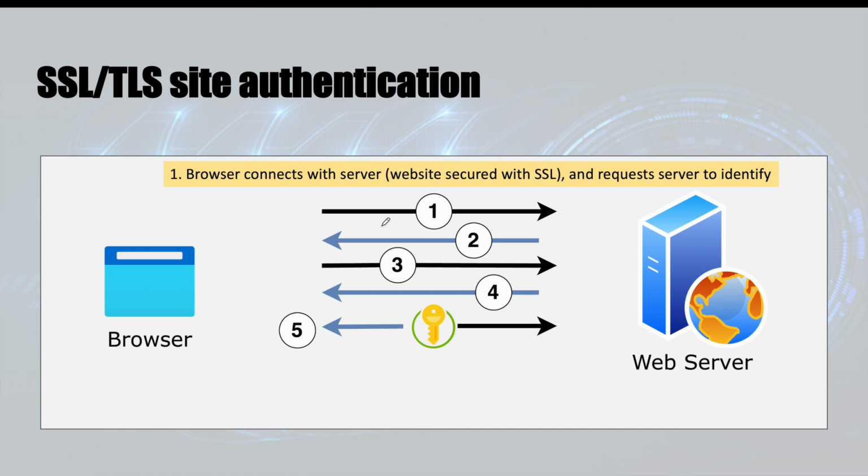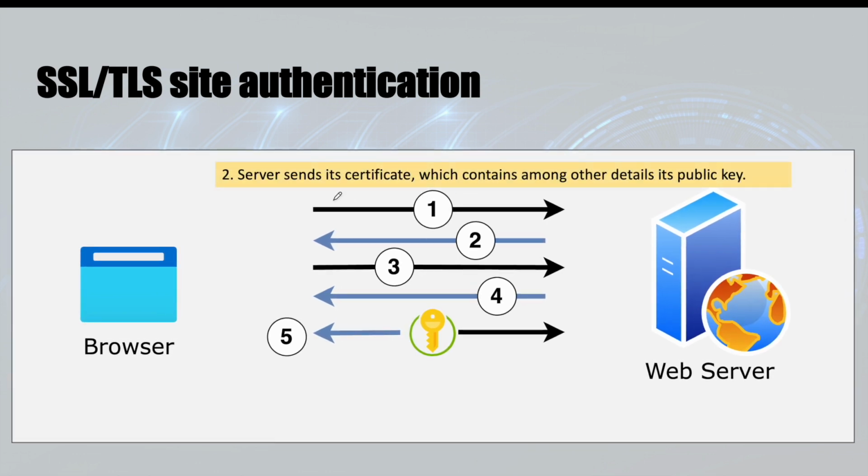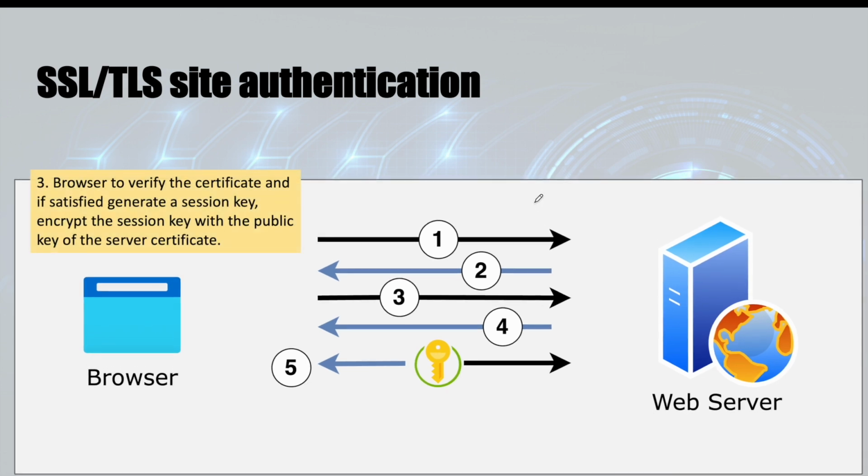So let's see. The first step here is the browser connects to the server, which is basically the website secured with SSL, and requests the server to identify. In response, the server will send the certificate to the browser. And as we saw earlier, the certificate will contain the public key of the server. Then the browser will verify the certificate.